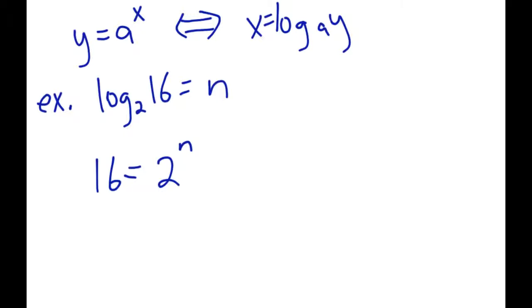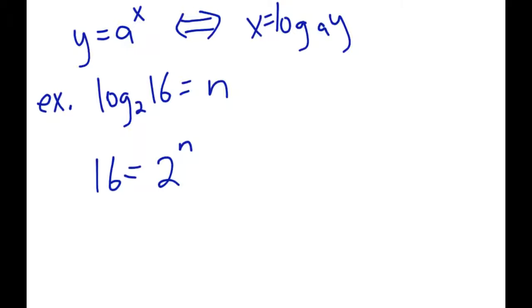So log 2 of 16 equals n, we can change that to 16 equals 2 to the n, and now that we have it switched to an exponential equation, we can use the same strategies we used in the last unit. We can change the bases to be the same, and then if the bases are the same, the exponents have to be the same, or you could solve it by graphing.